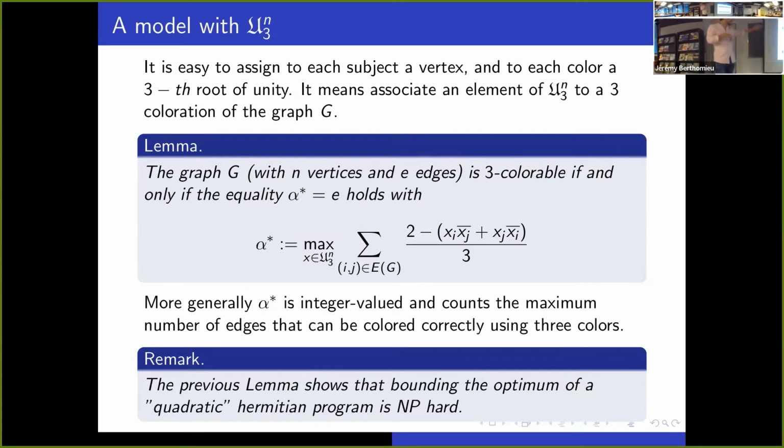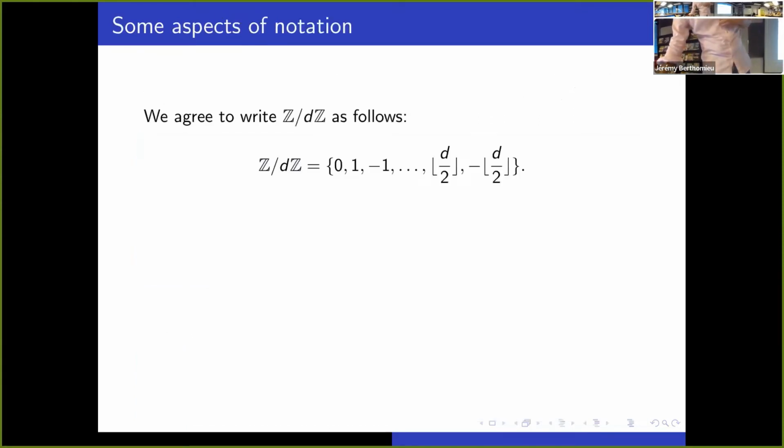This lemma shows that bounding the optimum of this quadratic Hermitian program is NP-hard. That's quadratic in some way, so I will clarify this. To clarify, we agreed to write Z over dZ as follows: Z over dZ is equal to 0, 1, minus 1, up to the integer part of d over 2 and minus the integer part of d over 2, instead of 0, 1, 2, 3 up to d minus 1.